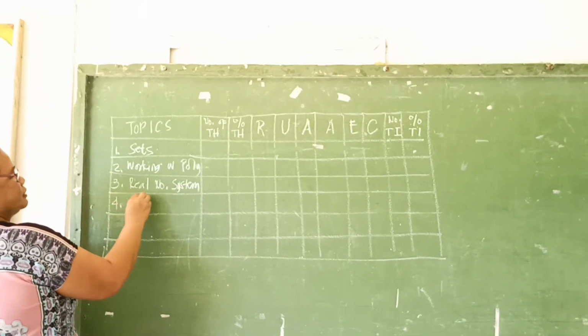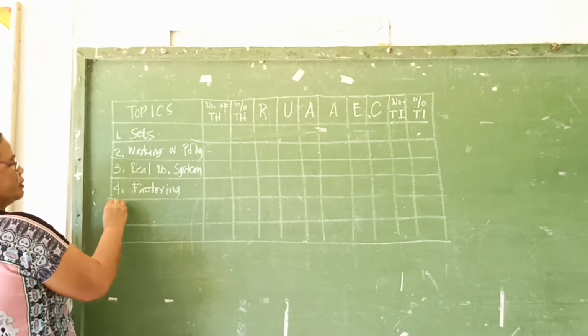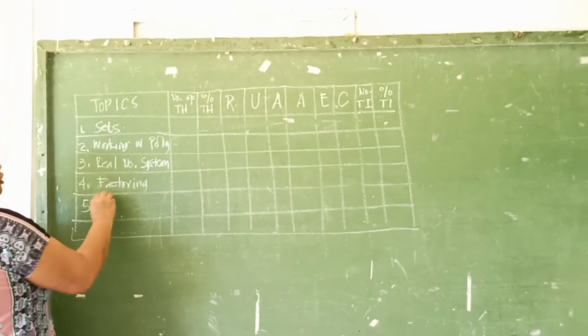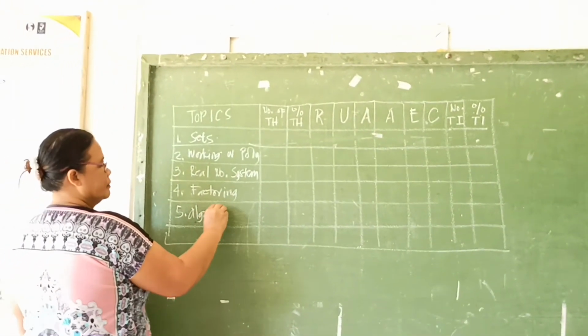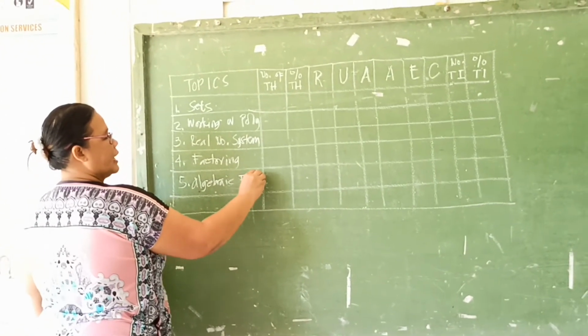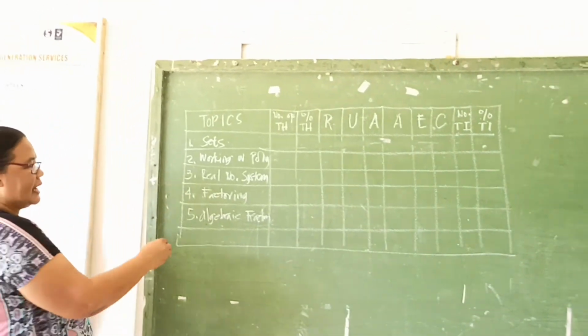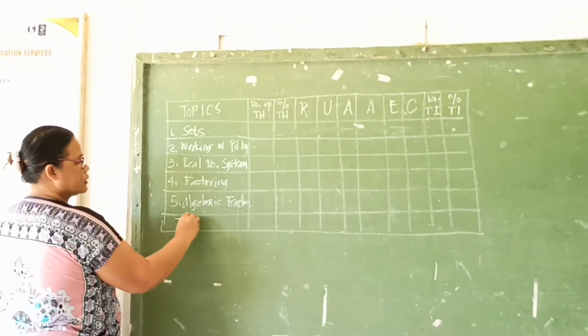The fourth will be factoring, and the last chapter is on algebraic fractions. So I have finished 5 chapters. That is why I have included these 5 chapters in their midterm. And the last row will be your total.